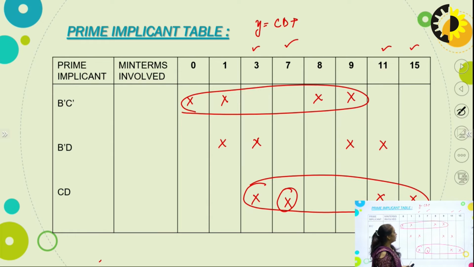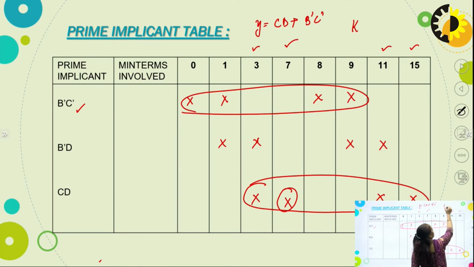All these are covered, and the rest of the minterms are covered by B bar, C bar. So this will be my final result. You can verify this result with the help of a K-map also, okay. You can cross check this, solve this with the help of a K-map, and you will get the same answer, okay.